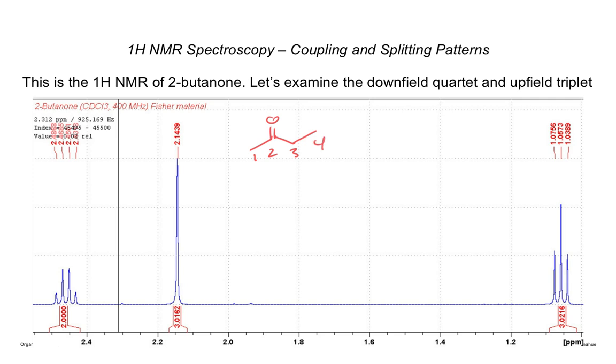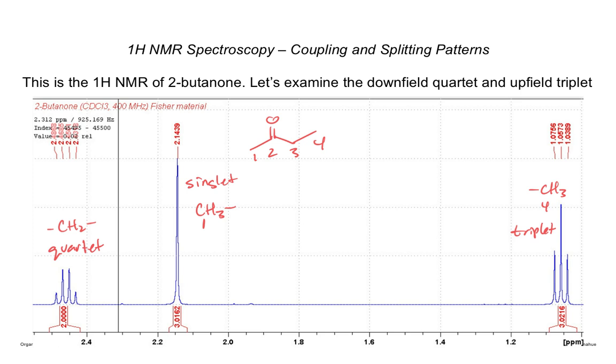We said that the quartet belongs to the CH2 group, the singlet belongs to the CH3 group at carbon 1, and then the triplet belongs to the CH3 group at carbon 4. So again, notice the singlet, there's no neighbors, so it's just a single peak.